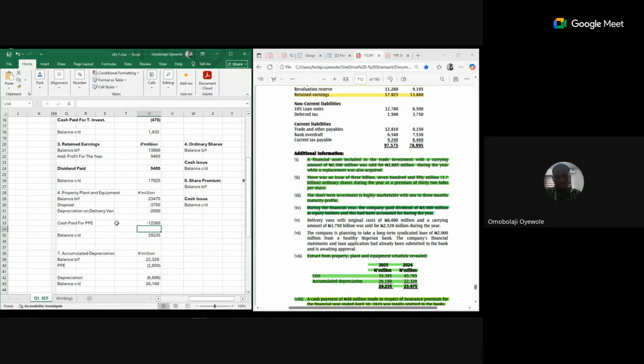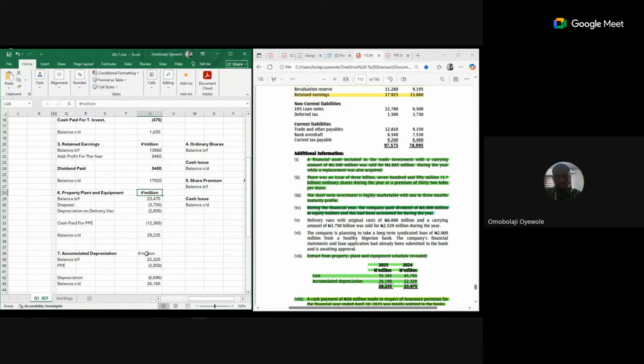That will give us 12,360. That represents cash paid for PPE. So what remains is the disposal. Let's go and treat the disposal on that delivery van.